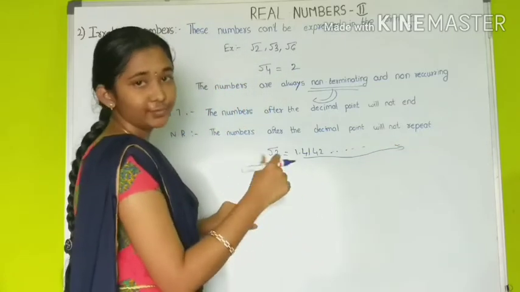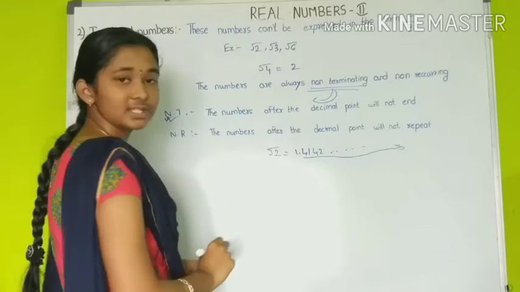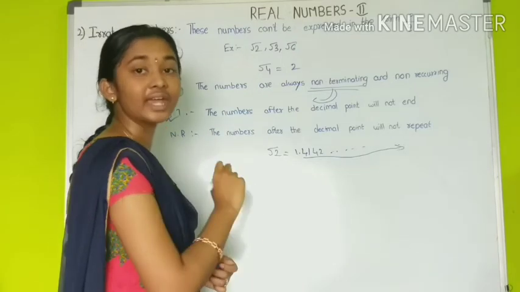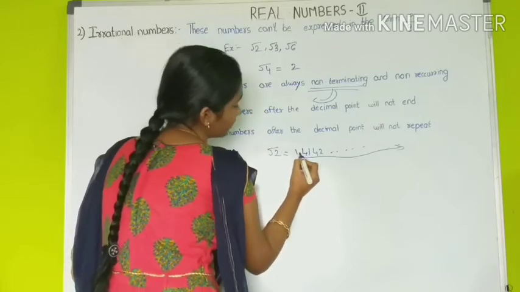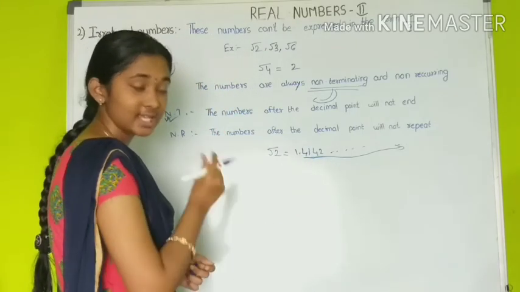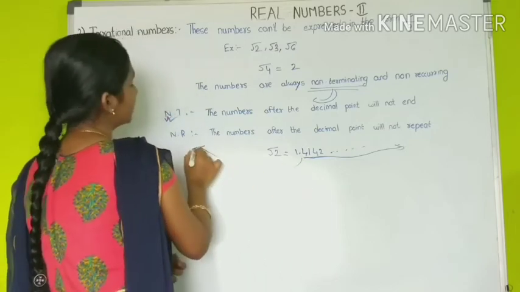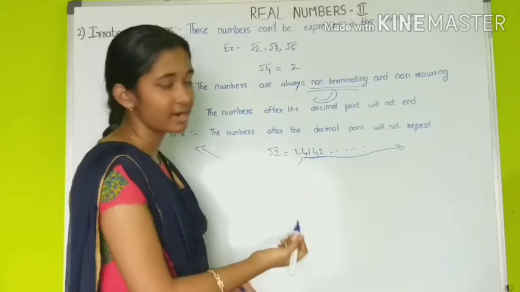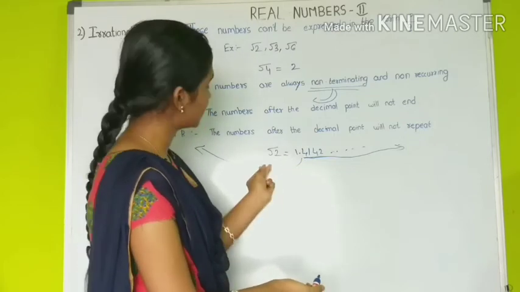They are continuous and infinite, which shows that it is a non-terminating decimal. And also here, no digit is repeating again and again. So it is also a non-recurring decimal. As it is a non-terminating and non-recurring decimal, it is an irrational number.